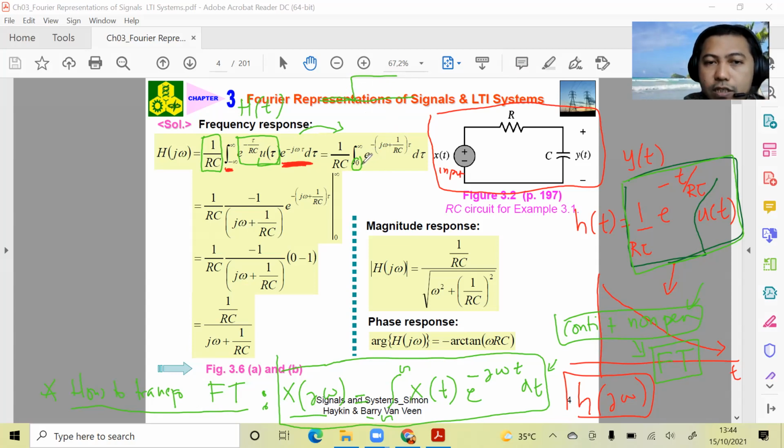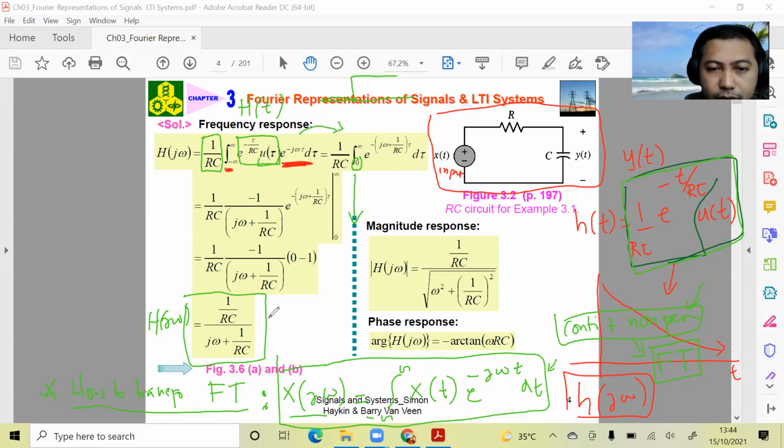So the integration only exists from zero to positive infinity. And then after that, you can derive using calculus, and we can get the final expression of H(jω). And this is a function in frequency domain.